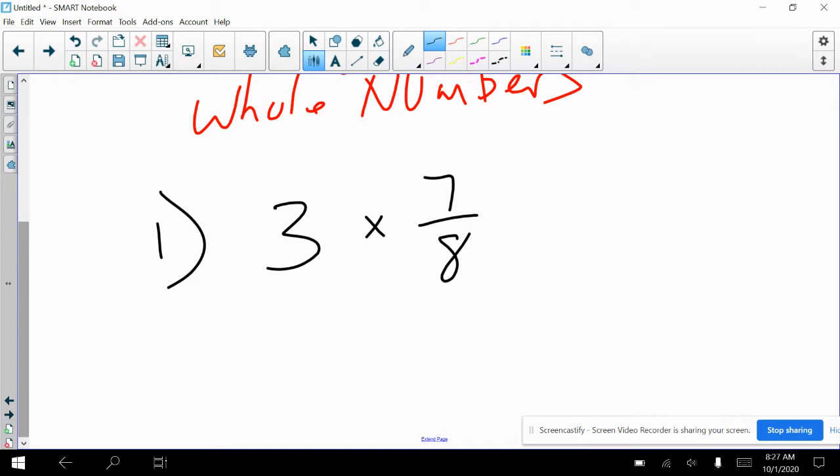Here's the first thing that I'd like to tell you. Anytime a whole number stands alone, does anybody know what that looks like as a fraction? Grant.